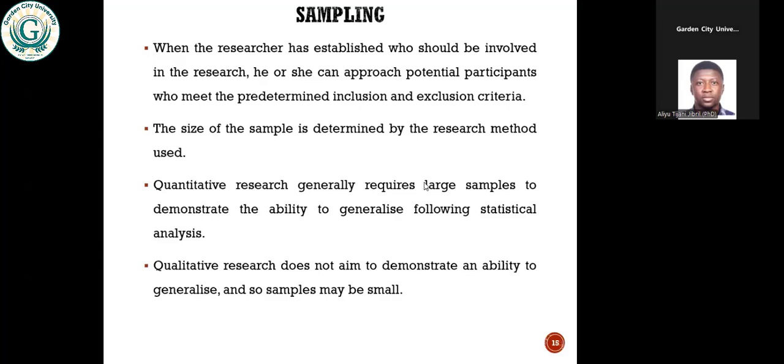Now, when the population is much bigger, maybe you want 200 and you have more than 200 in each of these clusters, you can have another stage of cluster sampling called multi-stage cluster sampling. Let's say we have randomly selected Koforidua Center as our cluster.